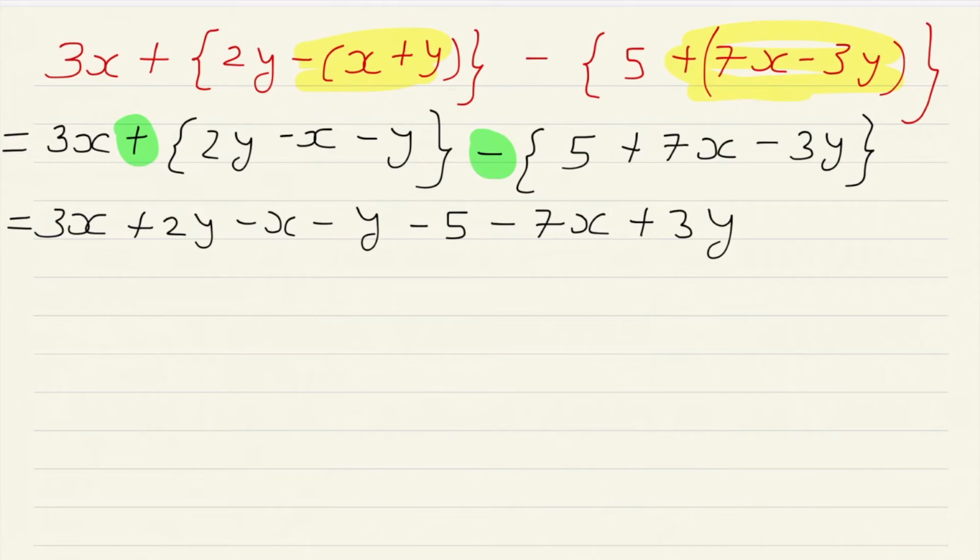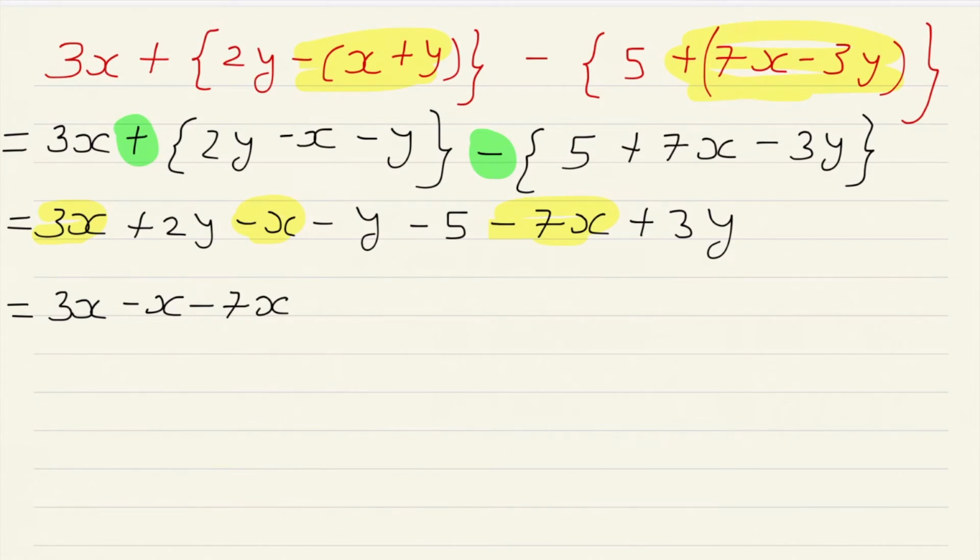In the next step, we are going to combine the like terms. So that's 3x. Let's highlight them. So that's 3x, negative x, and negative 7x.